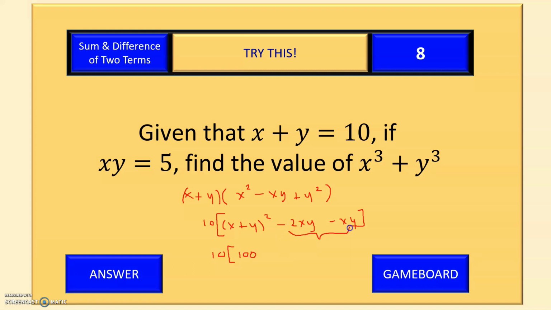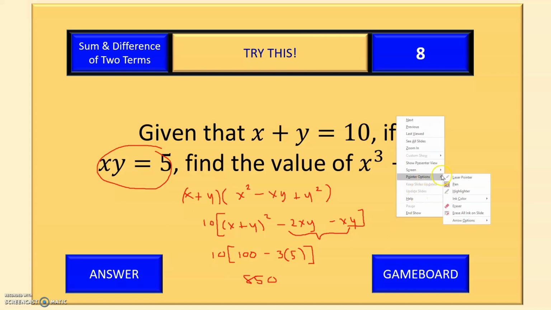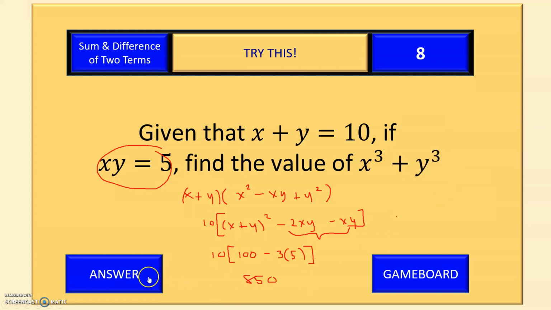And now this one is negative 2xy minus xy, which is actually negative 3xy. And we know xy is actually equal to 5. So therefore, yung negative 3xy magiging negative 15. So therefore, 100 minus 15 is 85 times 10. That will be 850. Okay, let's see if our answer is correct. There you go. See that?